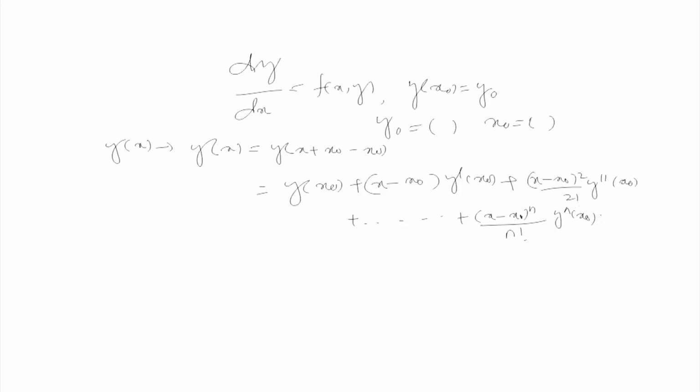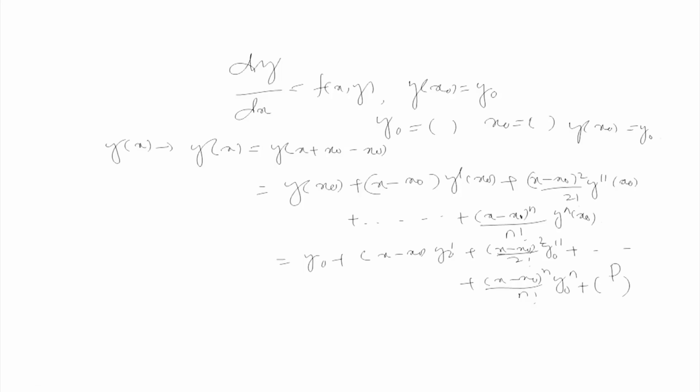Here we denote y(x0) as y0, so it is y0 plus (x minus x0) y0 dash plus (x minus x0) whole square by factorial 2 y0 double dash plus up to (x minus x0) to the power n by n factorial y0 to the power n.